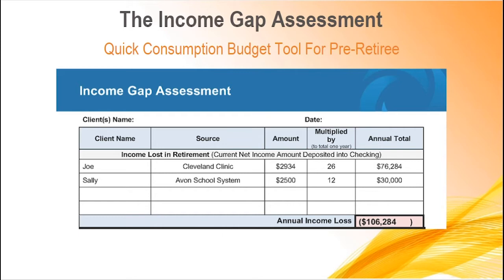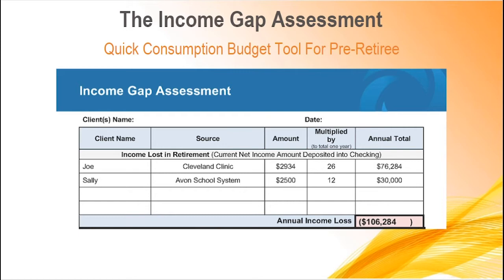So over the course of a year, Joe has net income of $76,284. And again, I want to stress that's a net number because it already factors in his tax withholding, his retirement contributions, and any benefits he may be paying through payroll deduct. So it's the net income going into his bank account that he could go spend.